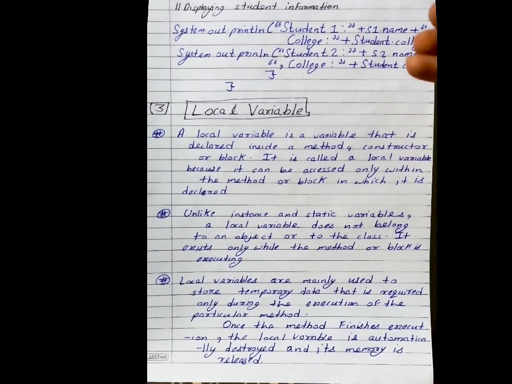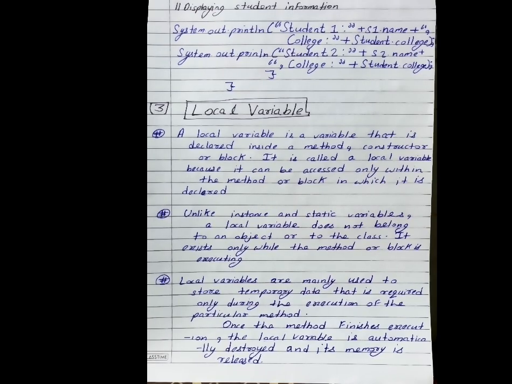We have to write that, and this is the recommended approach because it clearly indicates that the variable belongs to the class rather than to a specific object, like we saw in the instance variable. And since there is only one copy of the static variable, both students display the same college name.